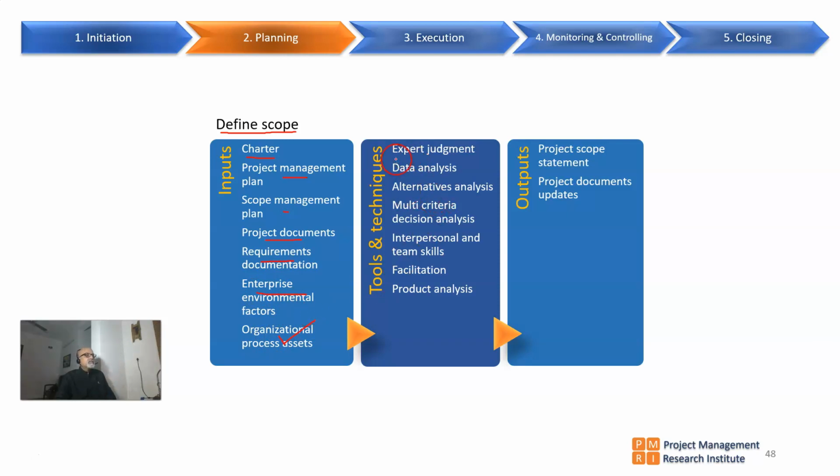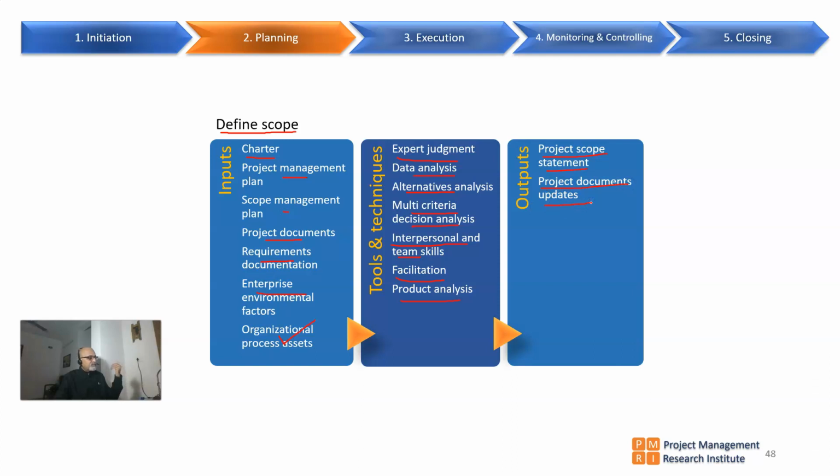The tools and techniques include expert judgment, data analysis, alternatives analysis, multi-criteria decision analysis, interpersonal and team skills, facilitation, and product analysis. By and large, the tools and techniques are the same for requirements elaboration and scope definition. And the outputs are the scope statement and the project documents updates.